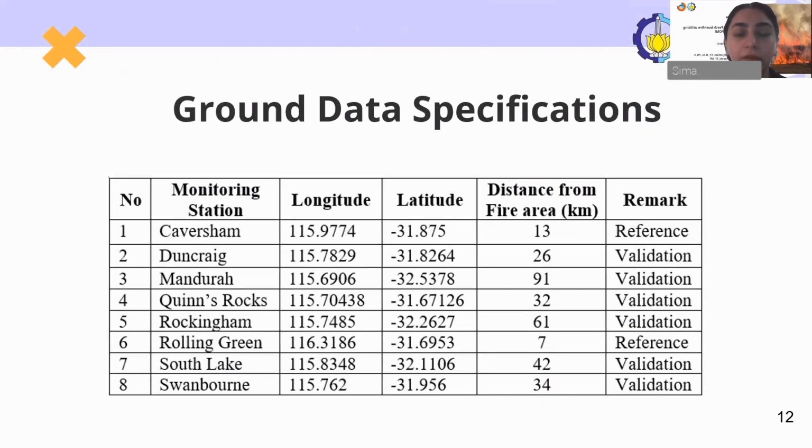The 2 ground stations that are close to the burned area, namely Coversham and Rolling Green, at distances from the fire area of 13 kilometers and 7 kilometers respectively, were employed for creating the model, and the other 6 remaining stations were utilized for validation.